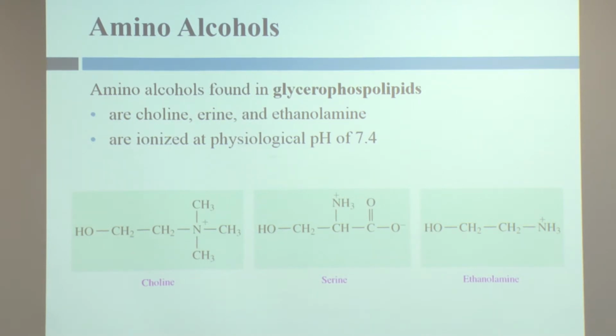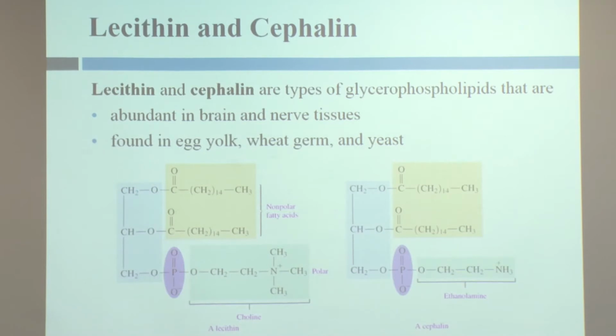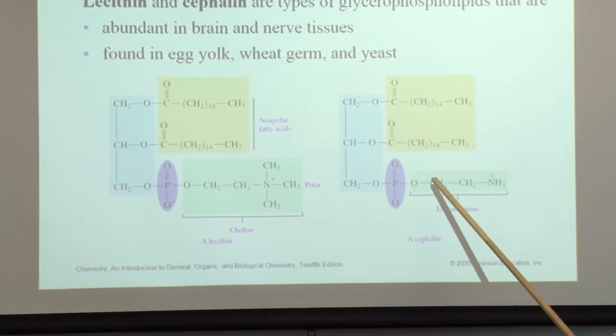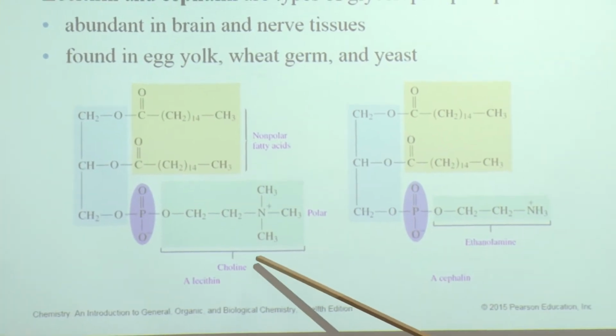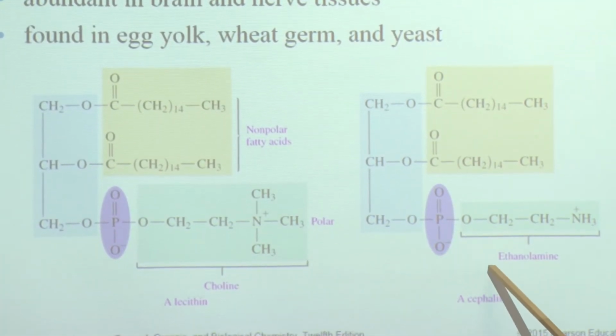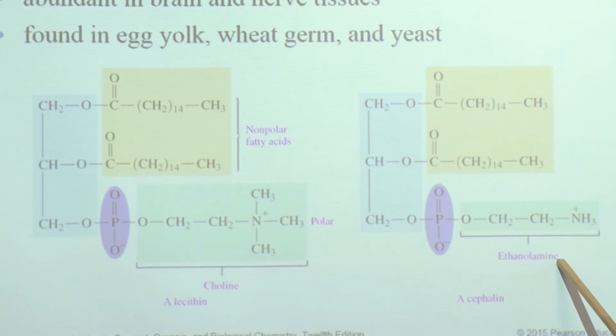Now, with that, these are the two glycerophospholipids that we are looking at: lecithin and cephalin. So here are the two amino alcohols, of the three we saw in the previous slide, choline and ethanolamine.